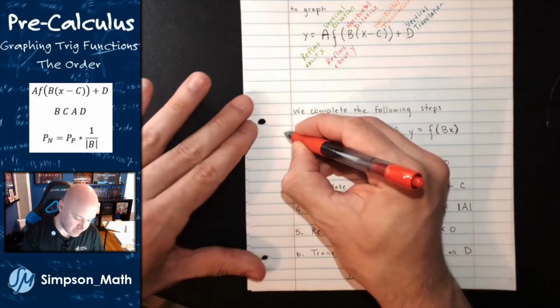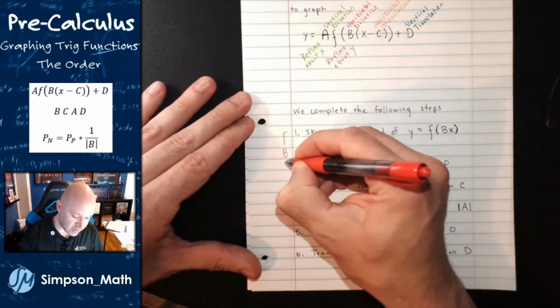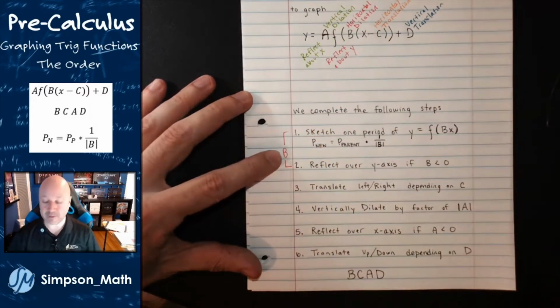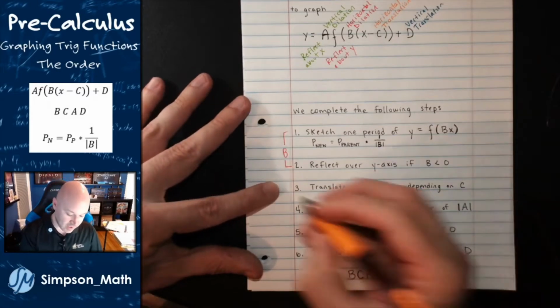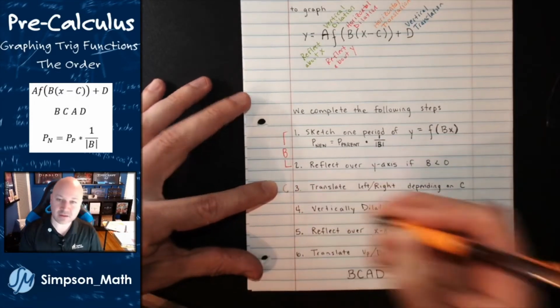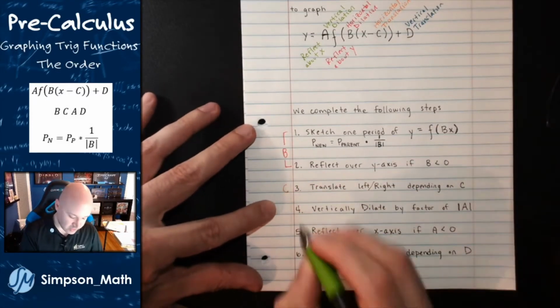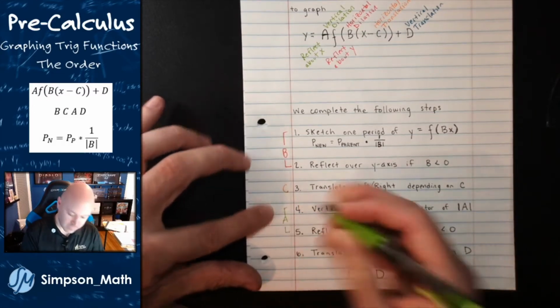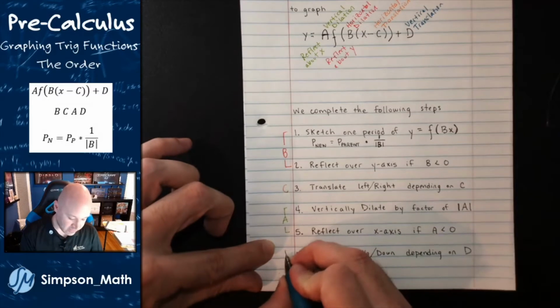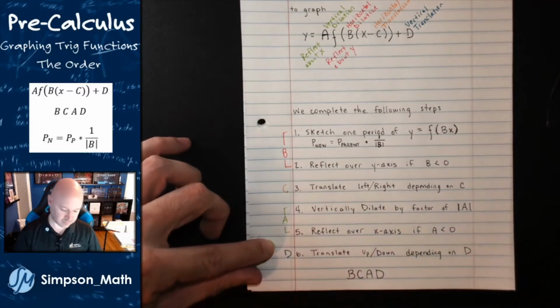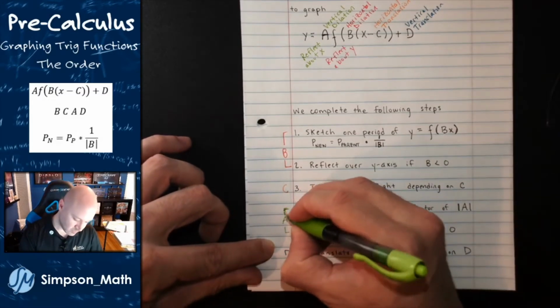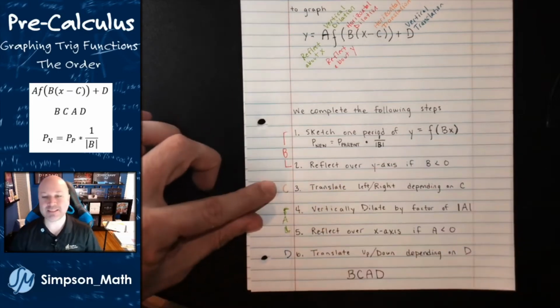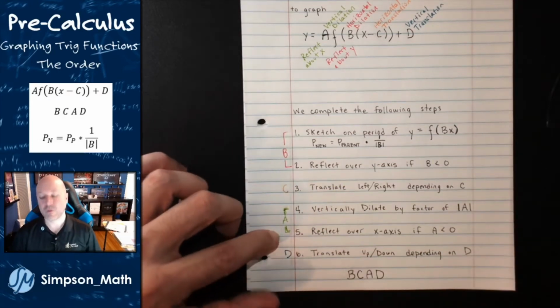Step 1 and step 2 dealt with worrying about the b. Then we had c, and then these two are worrying about a. And lastly, we take care of d. B, C, A, D. Go in that order.